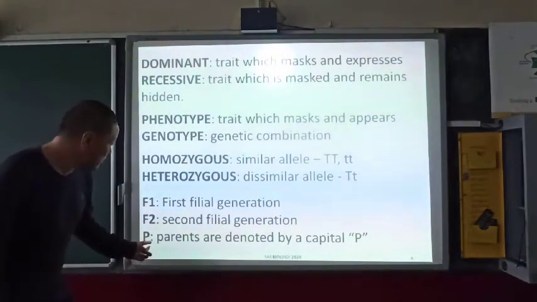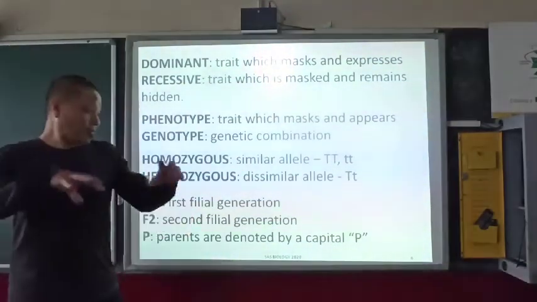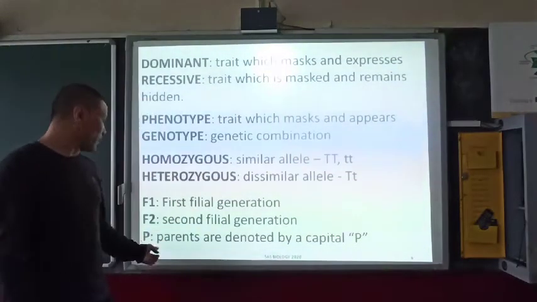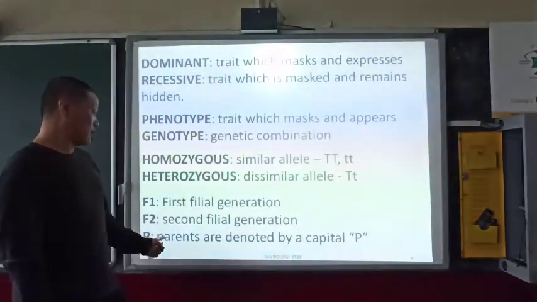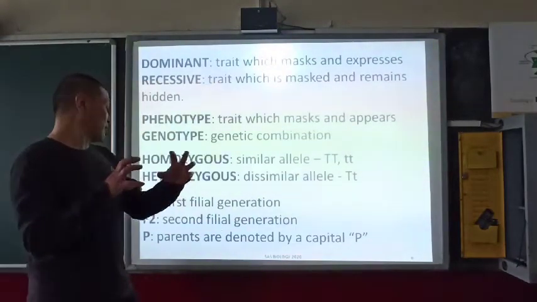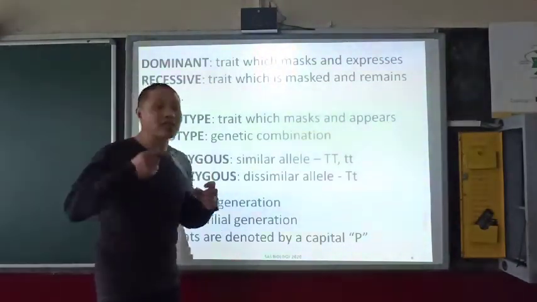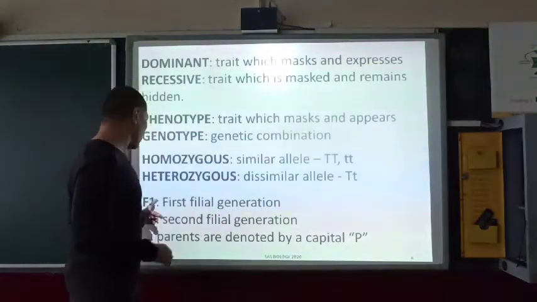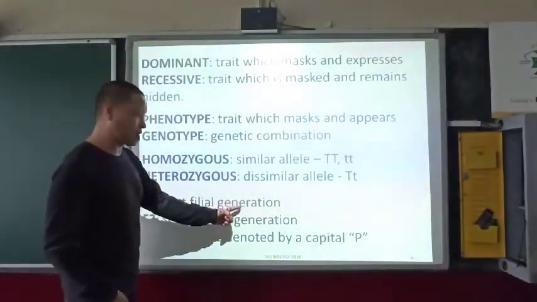I'll start with P. The parents are denoted by the capital letter P. Okay? After the parents are decided, when they are crossed, the first generation that is formed is called the first filial generation.